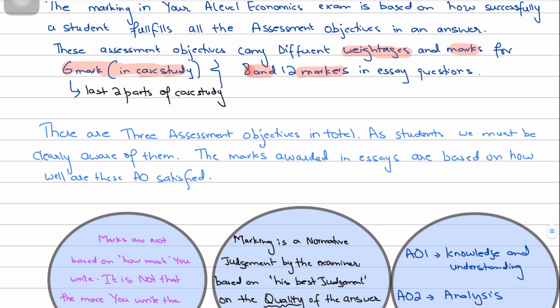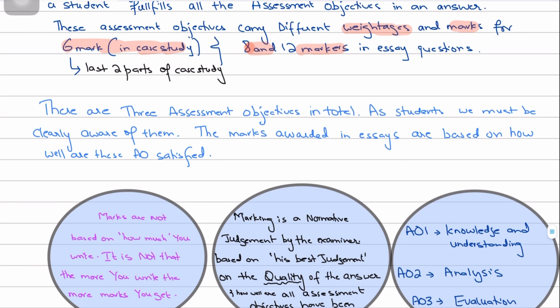as students. It is very crucial for you that you cannot attempt a paper before you know what the assessment objectives are, because the assessment objectives are the basis or the criteria on which the examiner will mark you, and it is also the criteria for you as students to know how and what to write and how to attempt the paper, because what you write, the content and the writing style, revolves around the assessment objectives, right?